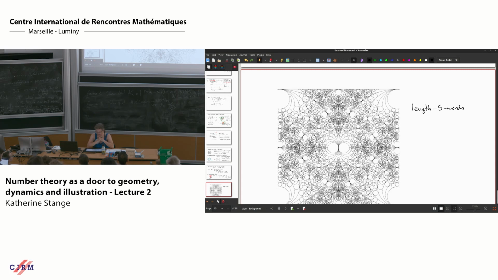And so you can see that there's areas where there's more density as you do this. So these are in normal form because I said that there's some relations, right? So that means I've eliminated any squares, and I've made a choice if I have a swap and an inversion of which one to do first.